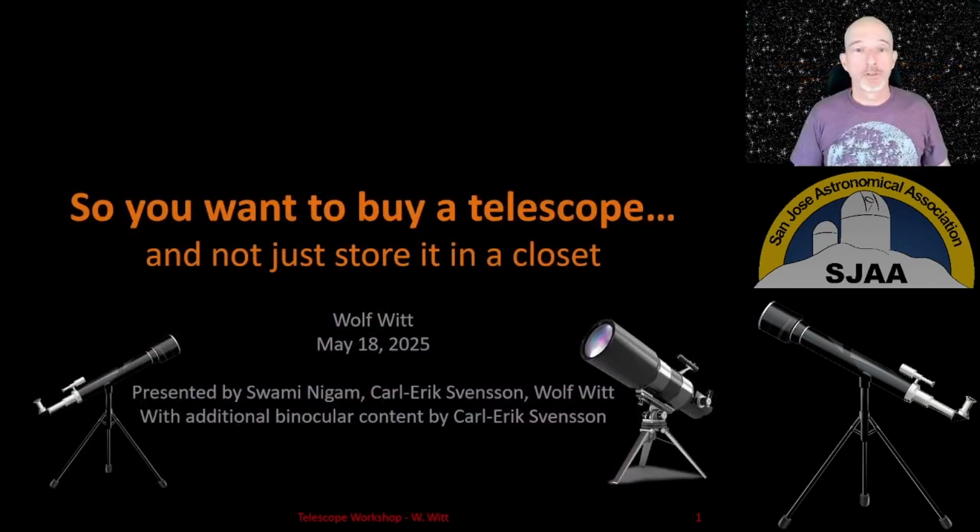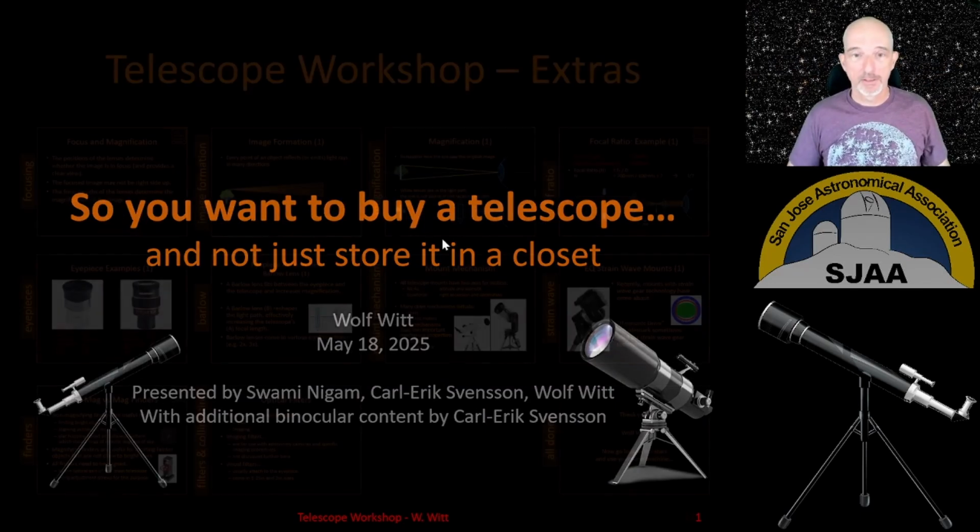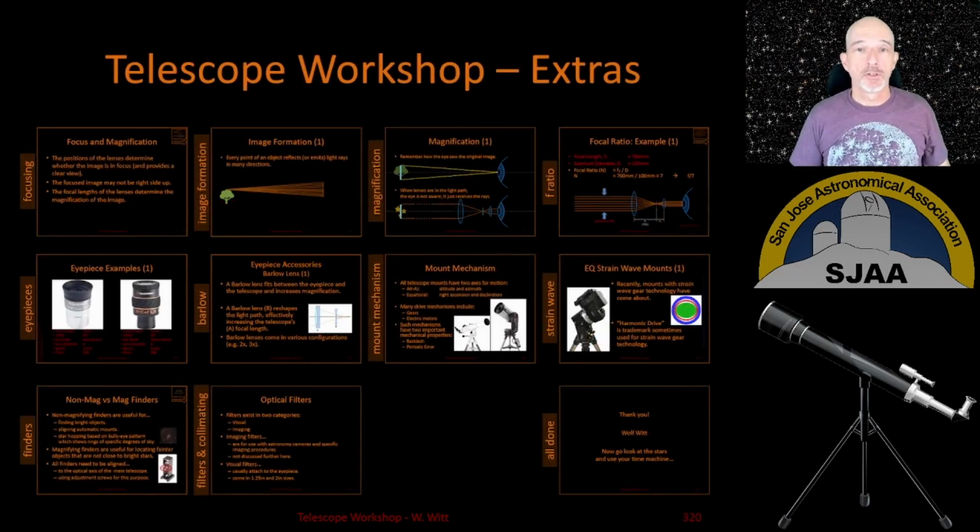All right, so with that, let's go ahead and jump into the details and into the content. We are going to cover further detail on the following topics. One, we'll talk a little more about focusing. So these three here, focusing, image formation, and magnification, rely on ray diagrams. Actually, even the F ratio one over here will.